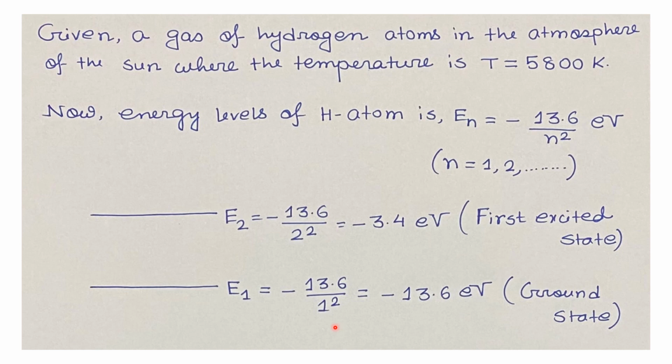So here the principal quantum number value will be 1 and that will give minus 13.6 electron volt. And for the first excited state, the principal quantum number n equals 2. So the energy of the hydrogen atom in the first excited state is given by E2 equals minus 13.6 divided by 2 square, that is minus 3.4 electron volt.